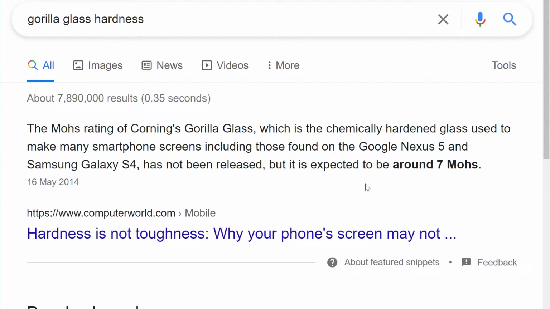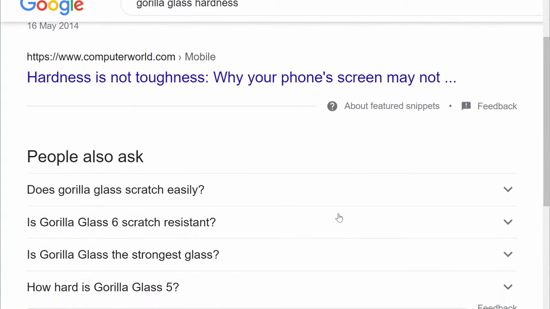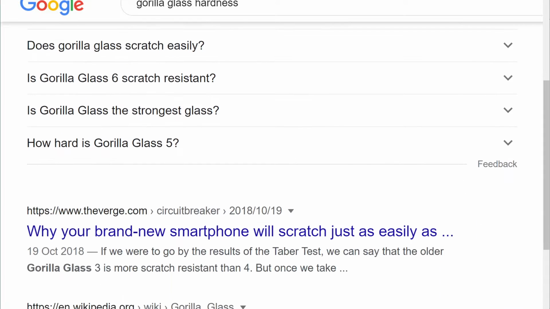Okay, so Gorilla Glass has not really been expected to have a toughness of 5. Hardness is not toughness, Greg.